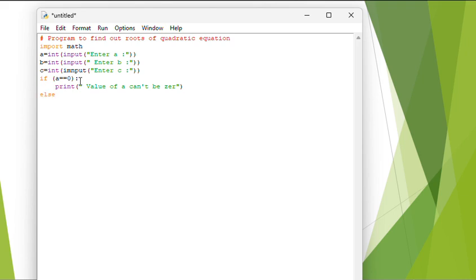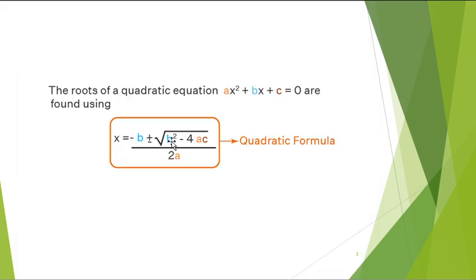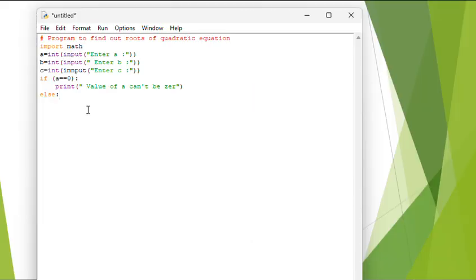Else, now what is in the else case? Else case, we can calculate b square minus 4ac, because in both the roots, one is minus b plus and the other one is minus b minus. So we can find out the value of b square minus 4ac, and we can calculate square root in one go only, so that we will have minimum calculations in the coding.